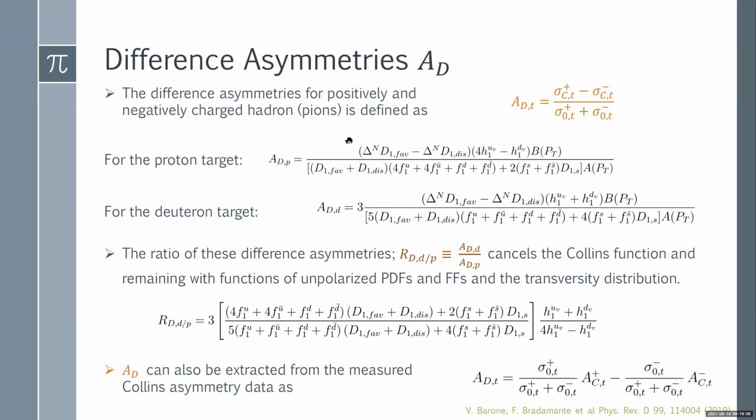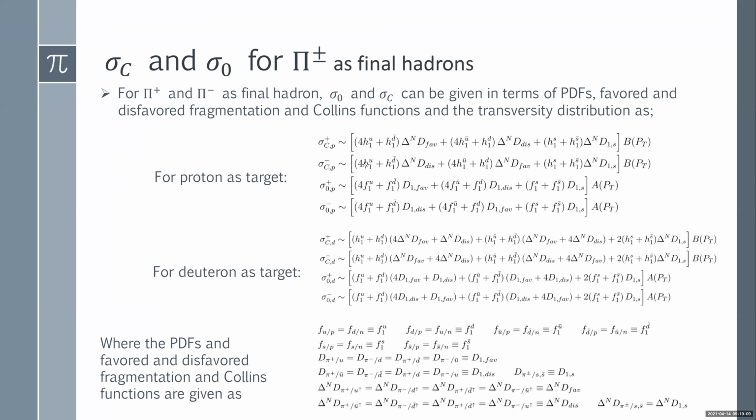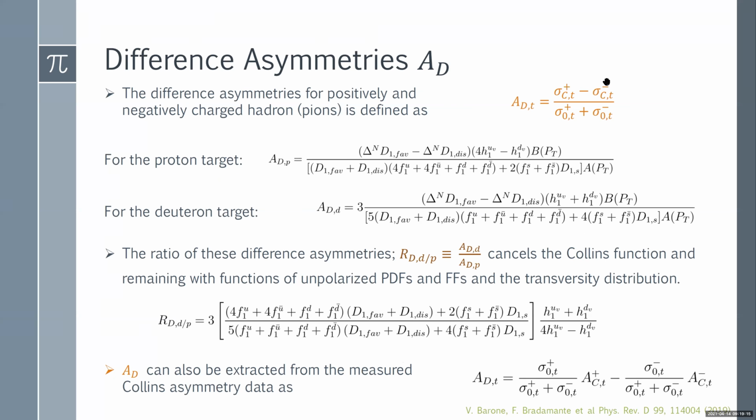Okay, so although this expression for the cross section, we have this cross expression over here. When we are measuring this difference, it has this expression, and it is already factorized in terms of these functions and this transversity distribution.